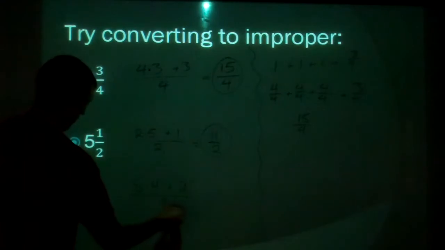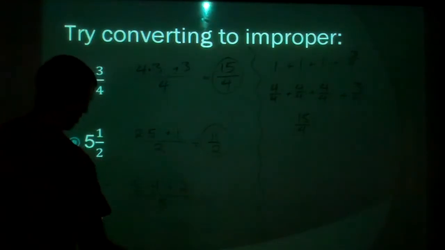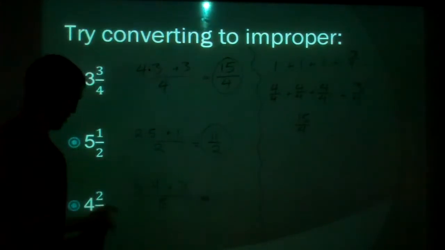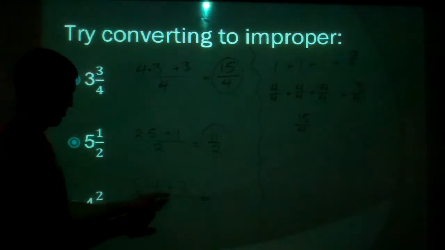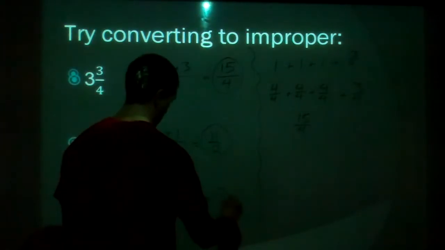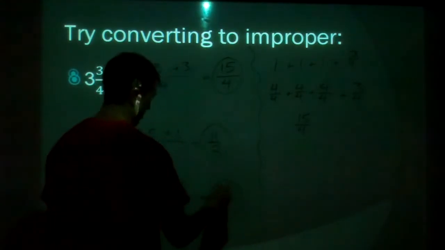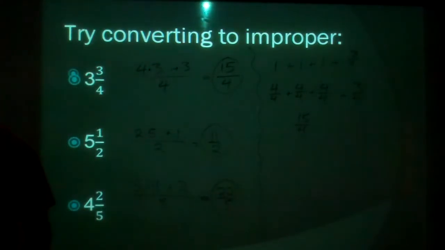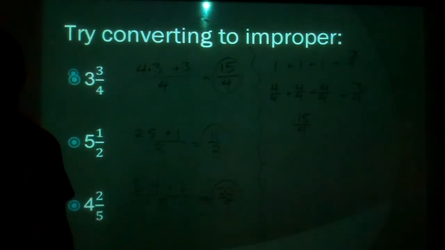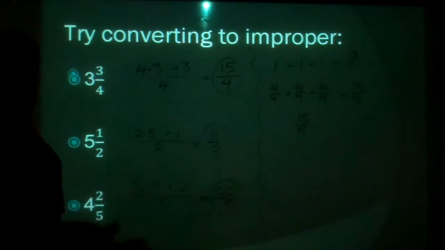All over 5, our original denominator. Oops. 5 times 4 is 20, plus 2 is 22. 22 over 5.